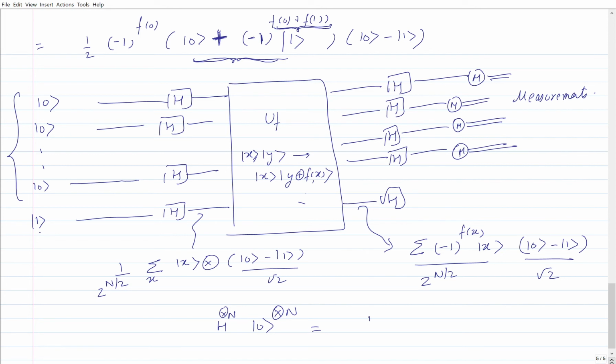That's going to give me the sum over x, where x is all the bit strings 0 0 0 0, 0 0 0 1, 1 1 1 0, something like that, divided by 2 to the power of n by 2. This is called the Walsh-Hadamard transformation, just a fancy name for something simple happening.